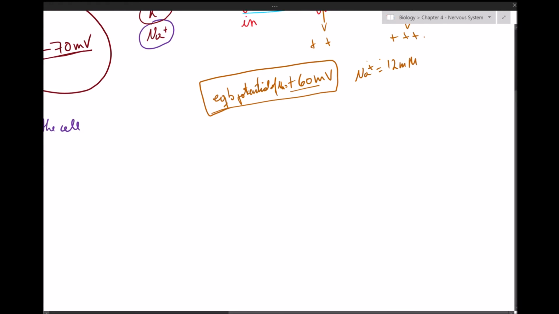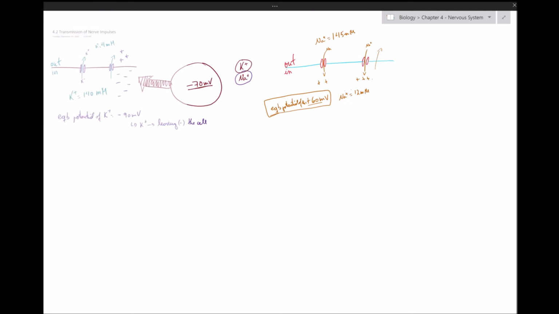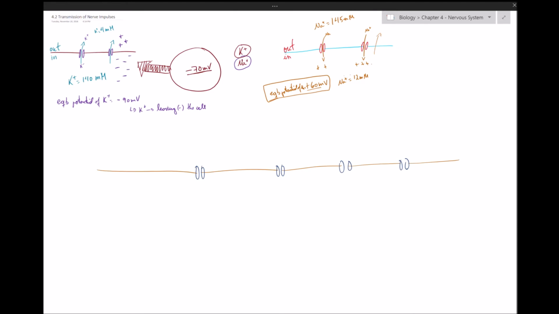In a living system, sodium and potassium are flowing across the cell membrane at the same time. So let's draw. This is a sodium leak channel. They only allow sodium ions to move across these leaky channels, and these are potassium leak channels that only allow potassium to move across.